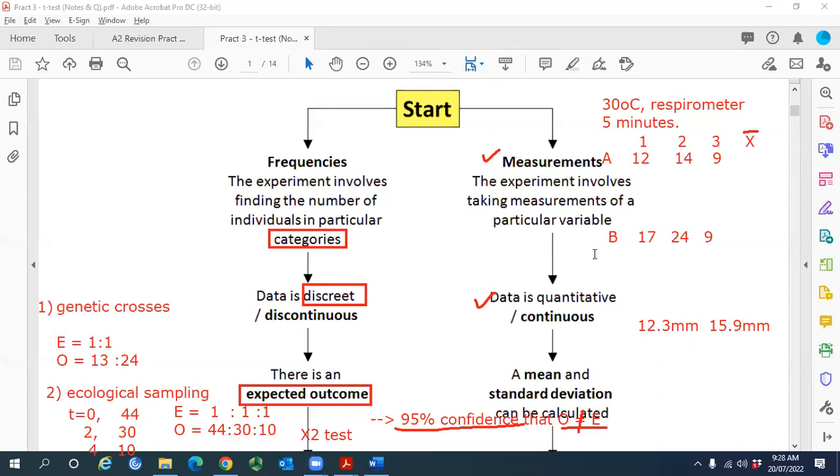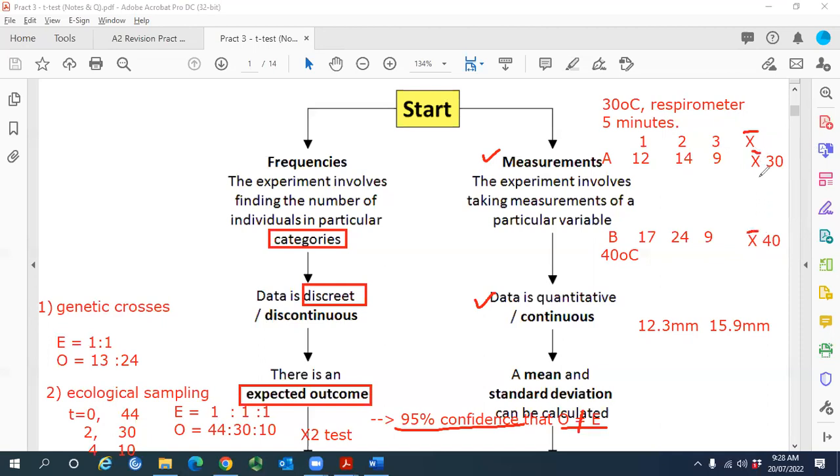Let's say this student conducts the experiment at 40 degrees Celsius. So I want to know whether increasing the temperature will actually increase the rate of respiration. So I've got 2 sets of data here, and therefore I get 2 means. This is the mean at 30 degrees Celsius, and this is the mean at 40 degrees Celsius.